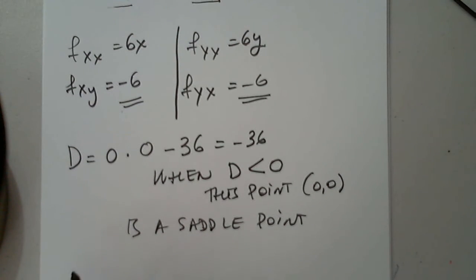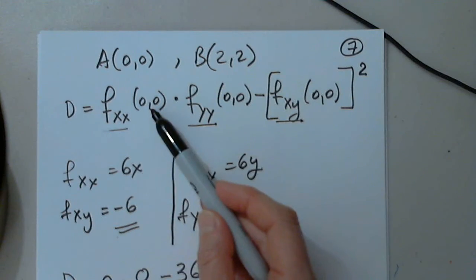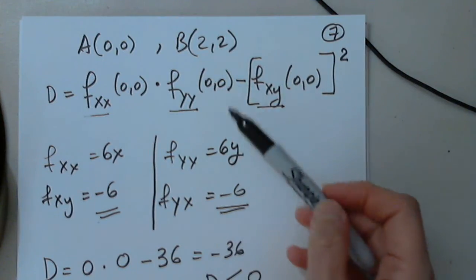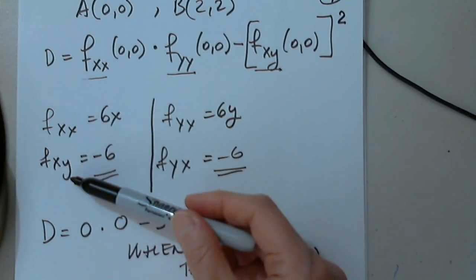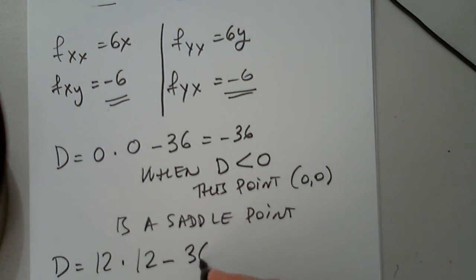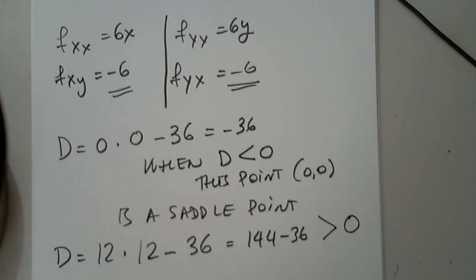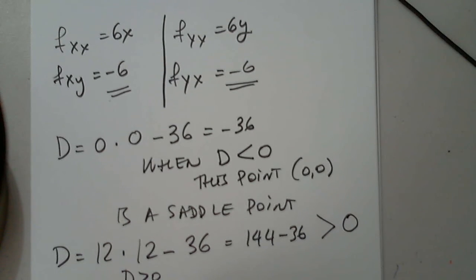Okay, we are continuing now with the same thing, but for (2, 2). So, fxx at (2, 2) is 12 times fyy at (2, 2), still 12, minus fxy at (2, 2), still negative 6 squared, which is 36. So this is 144 minus 36, which is a number greater than 0. And now, D is greater than 0 for (2, 2), and fxx at (2, 2) is positive.